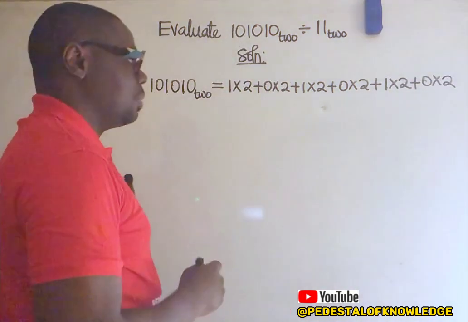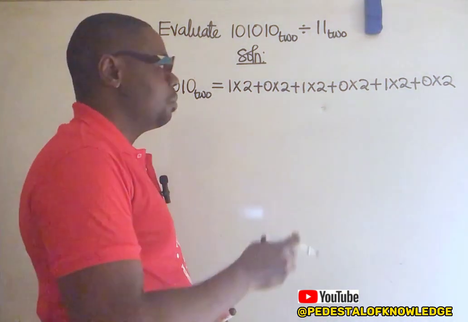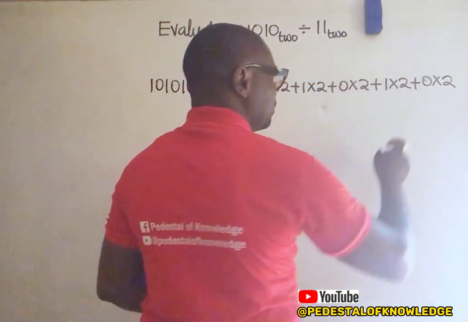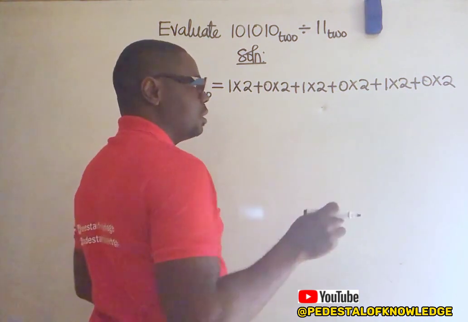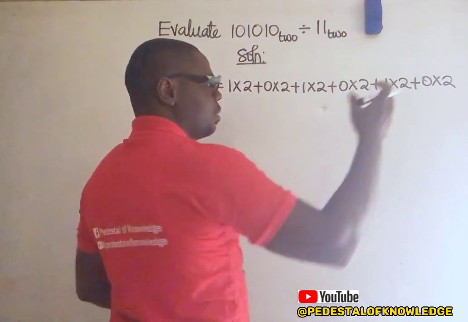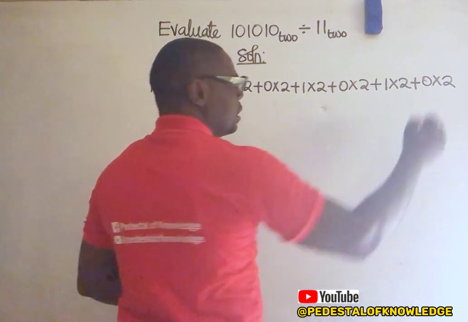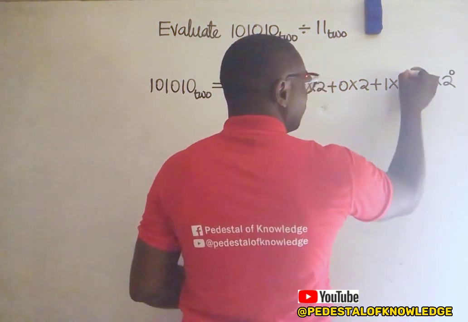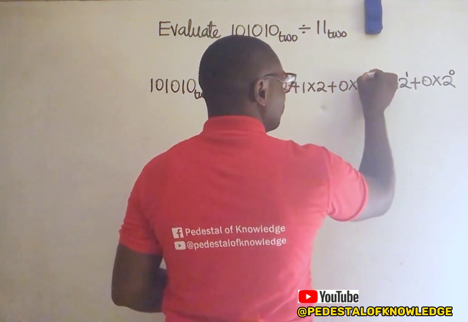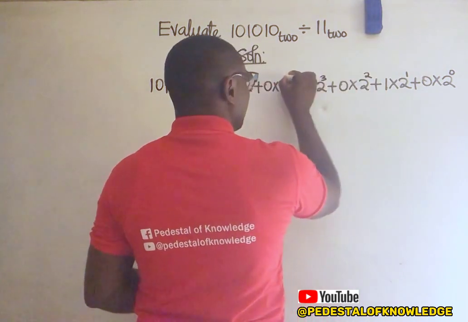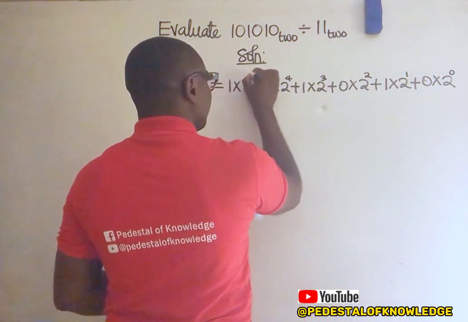The next step is to put powers to the base, starting with the power 0 from the extreme right. So we have 0, 1, 2, 3, 4, and 5.